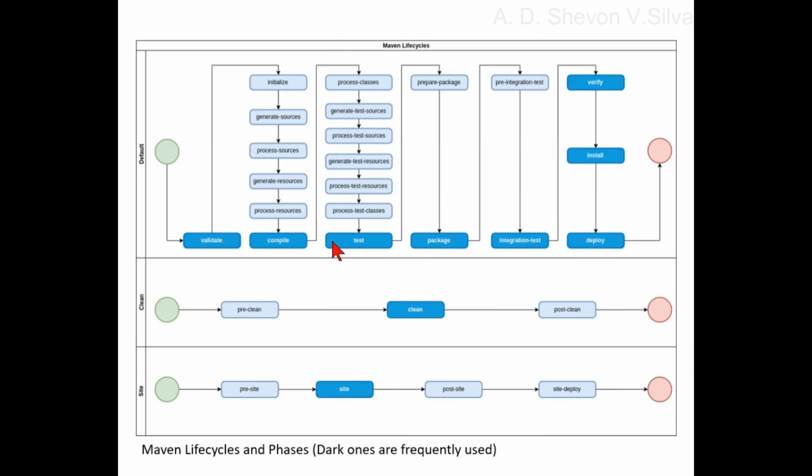Here you can see all the build phases of the default, clean, and site lifecycles, which are executed in the order given up to the point of the one specified.